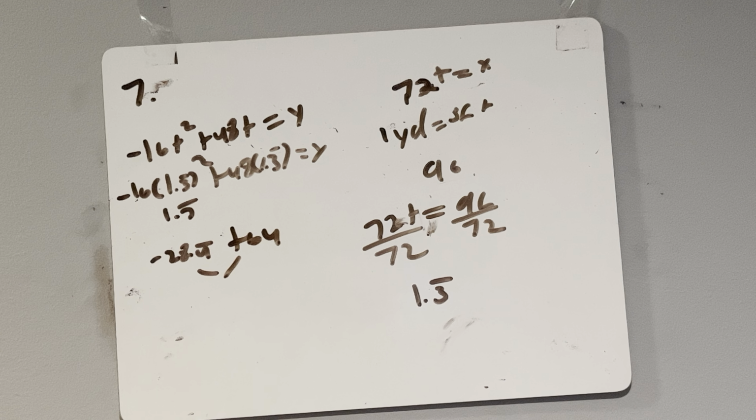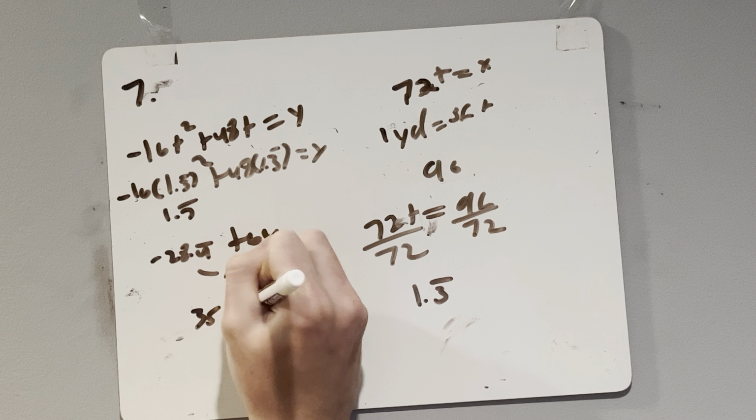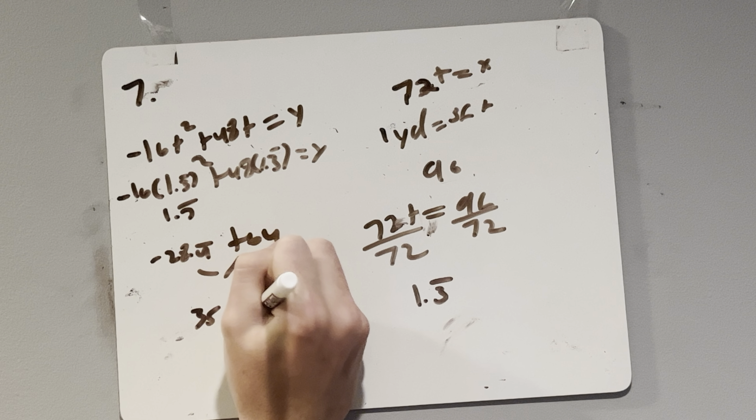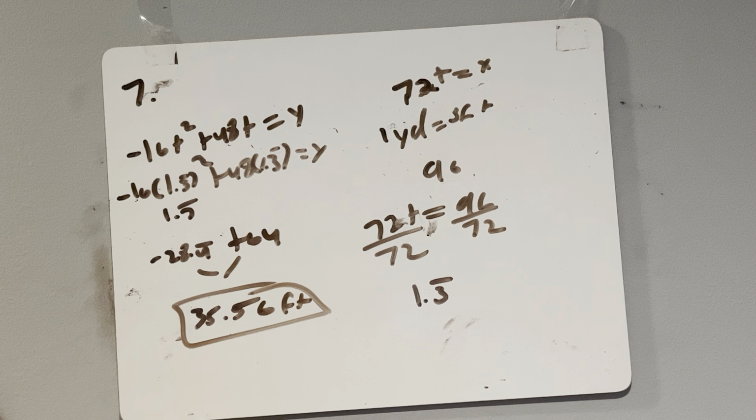When we combine these two, 64 and negative 28.4 repeating, we are left with 35.5 repeating, which I'll simplify into 35 5/6 feet, which is our final vertical answer.